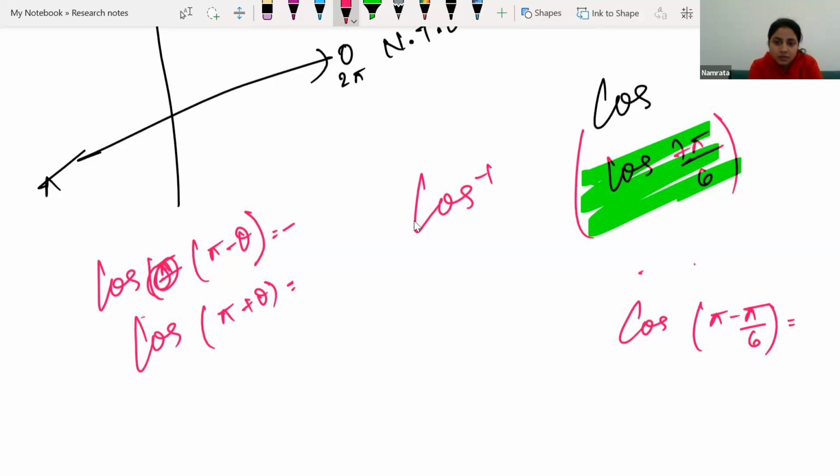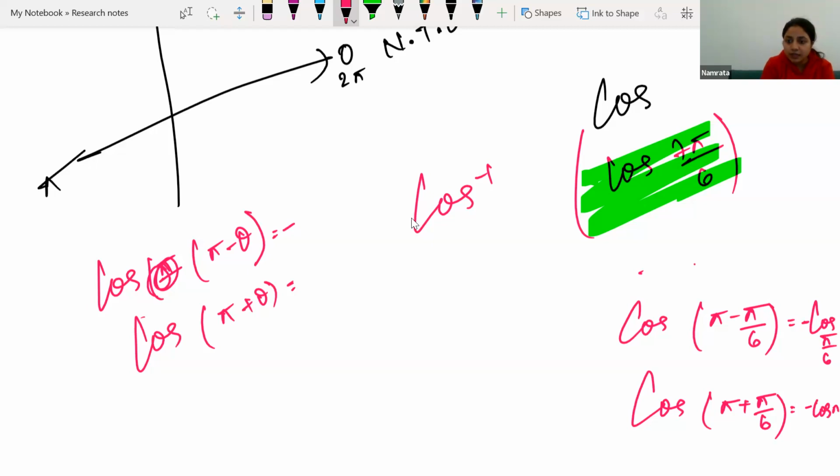And if we take pi plus pi by 6, the result over here will be minus cos pi by 6, and the result over here will be minus cos pi by 6.